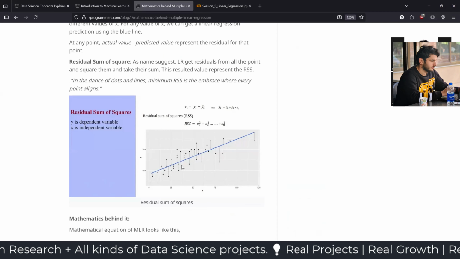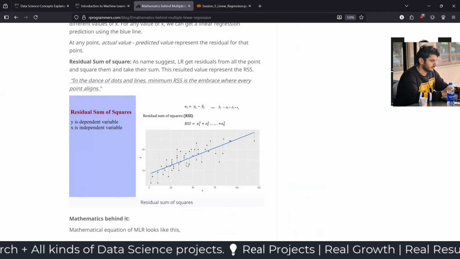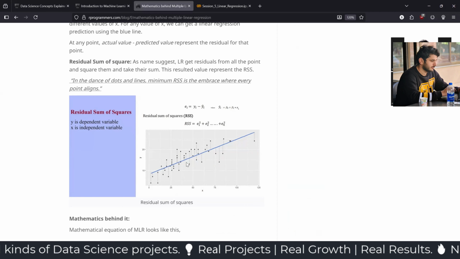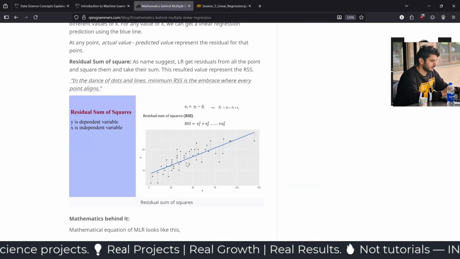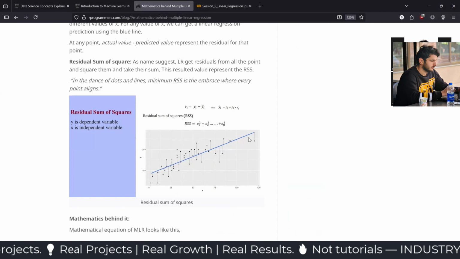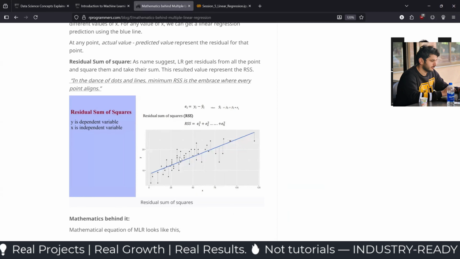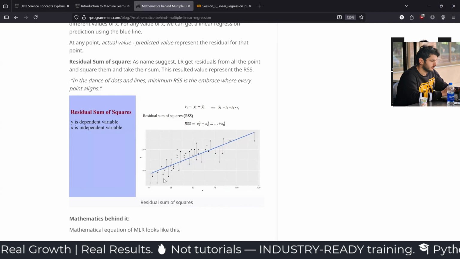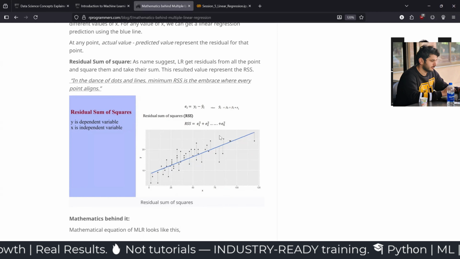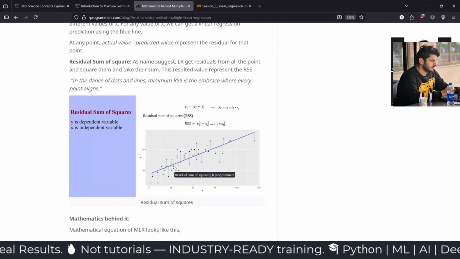Okay, now the main question that is left is this: we know we fit a line, we know we have beta naught and beta 1 values, and we know how to calculate them. But what algorithm, or what magic or mathematics, does Python use to get to the best line? It can make mistakes. We can have a line here or something like here. So how does it do that?